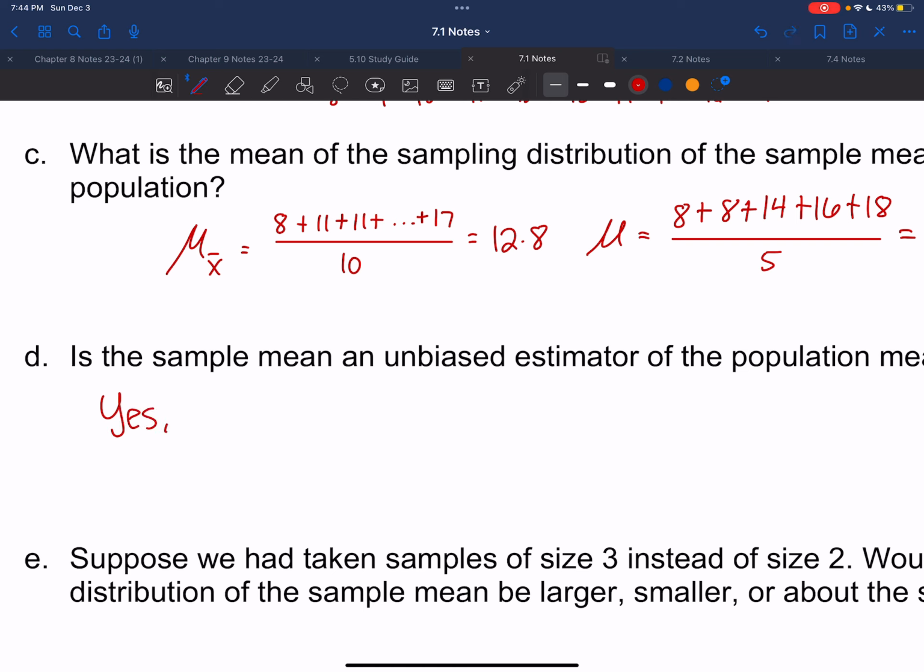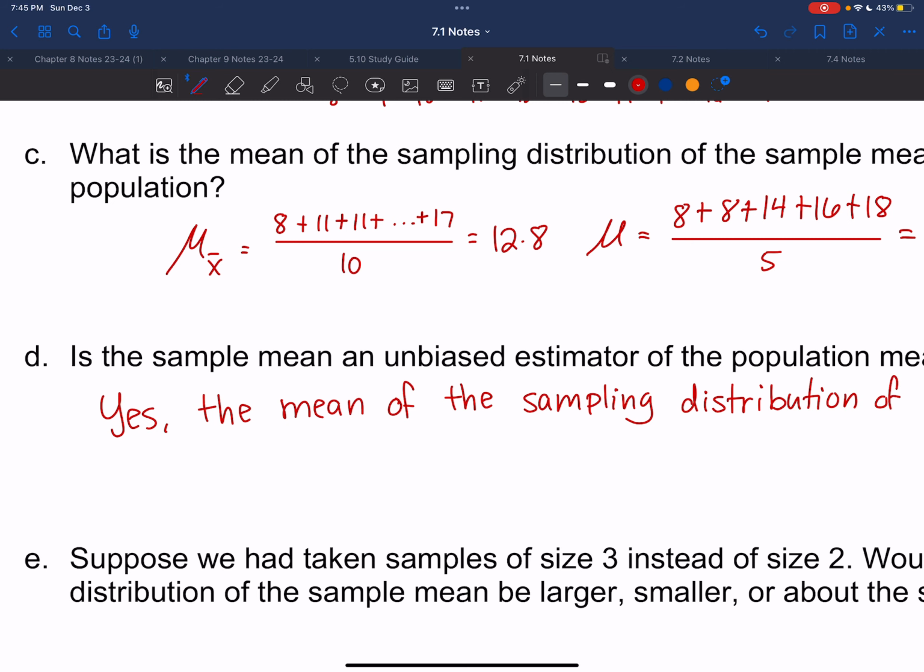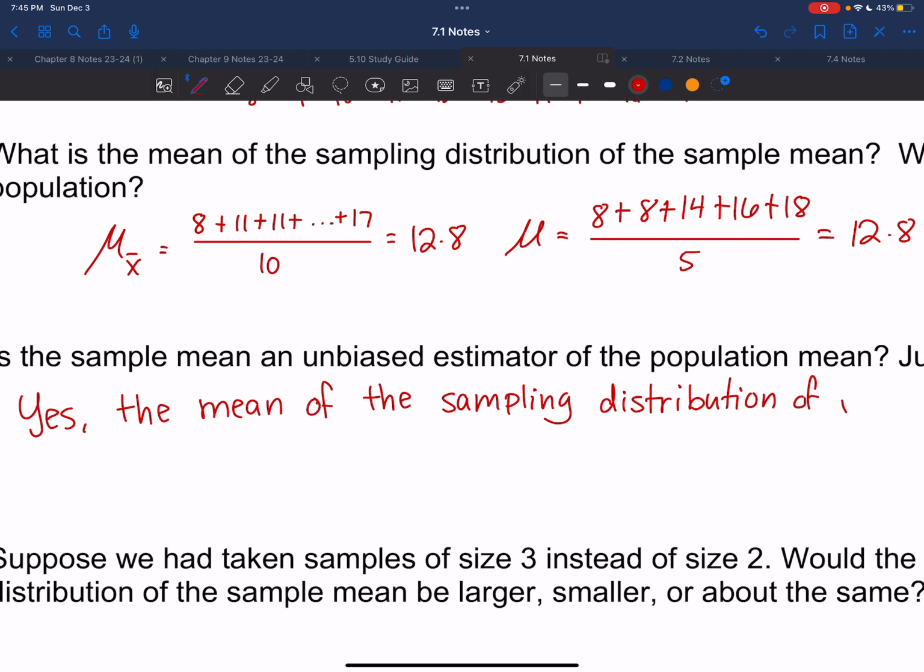So yes, the mean of the sampling distribution of x bar is equal to the population mean.